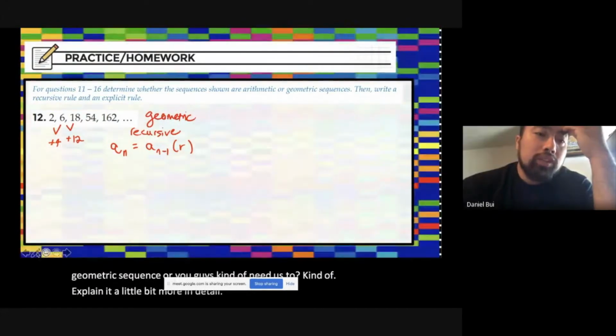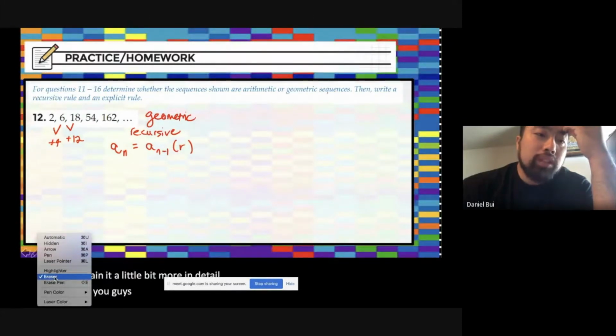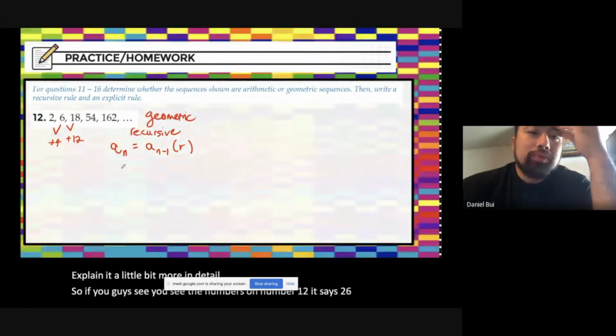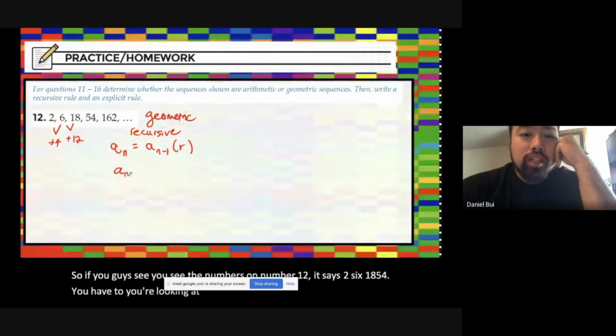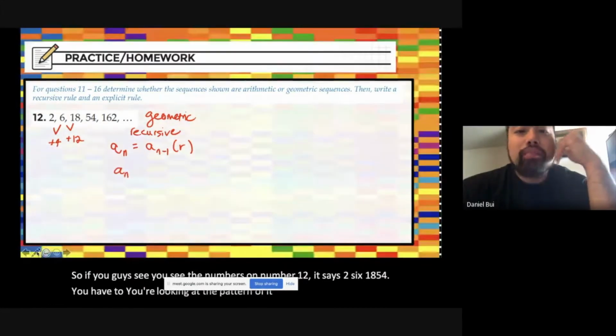Okay, explain. If you see the numbers on number 12, it says 2, 6, 18, 54. You're looking at the pattern of it, right? The main thing for an arithmetic sequence is the pattern is addition and subtraction. So if I tell you the numbers 2, 4, 6, 8, 10, 12, that's adding 2 each time, so that's an arithmetic sequence.